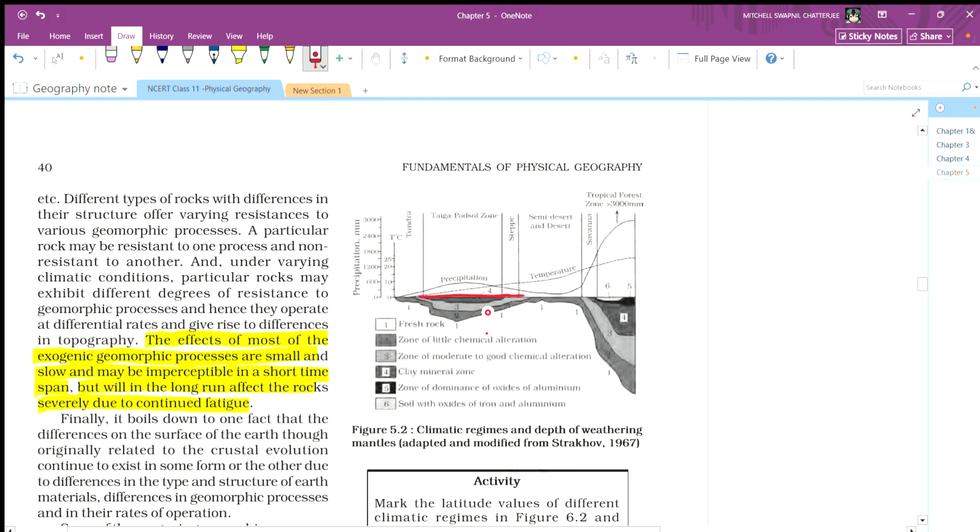That's why there is moderate to good chemical alteration. The fourth one gets a little more chemical action than the third one.